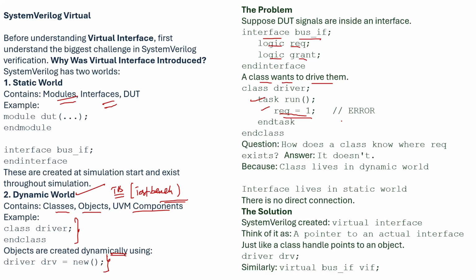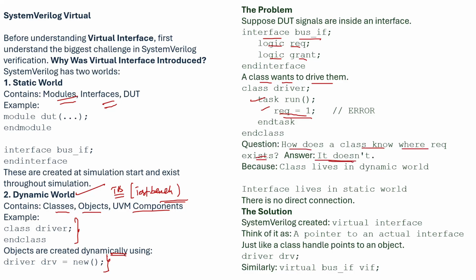So the class doesn't know whether we have the signals or not. That is the reason we are getting the error. The question is, how does a class know where request exists?